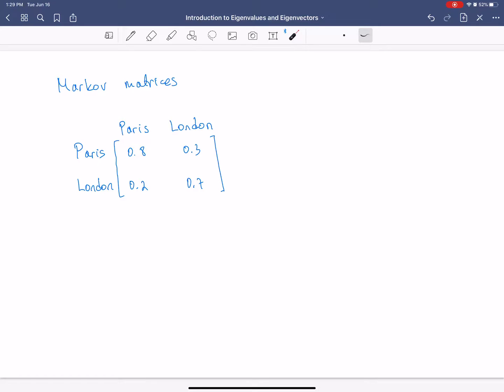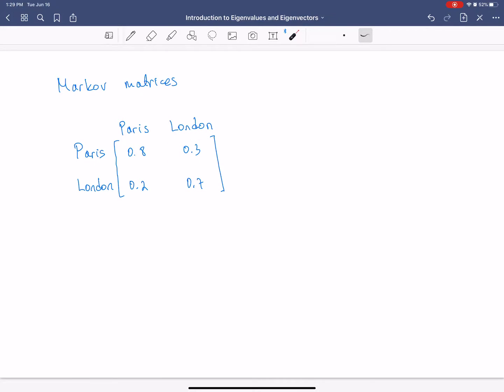Another example: imagine you have cell phone providers, and what you have here is the distribution of the market. How many of the customers of the first provider used to be customers in the previous year, and how many switched from the other provider? And how many of the second provider's customers were loyal, and how many switched from the previous provider?